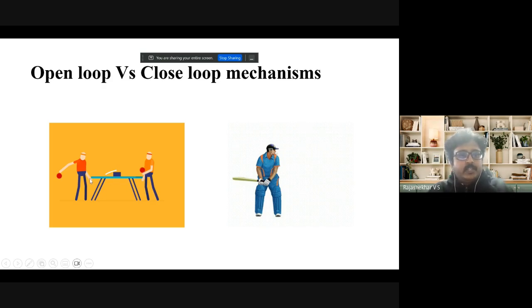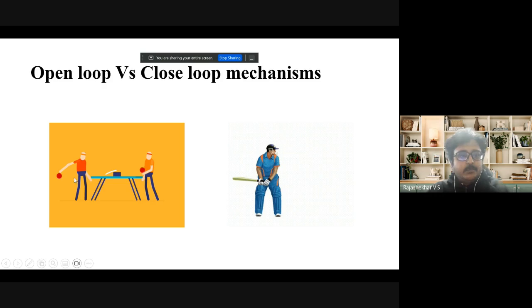When you play table tennis, you play with only one hand. The ball, you hit the ball with the bat, and the other hand is just in the air, free, contributing to the motion of the bat. But in cricket, you need to hold both the hands together. So only then you can hit the ball with the bat.